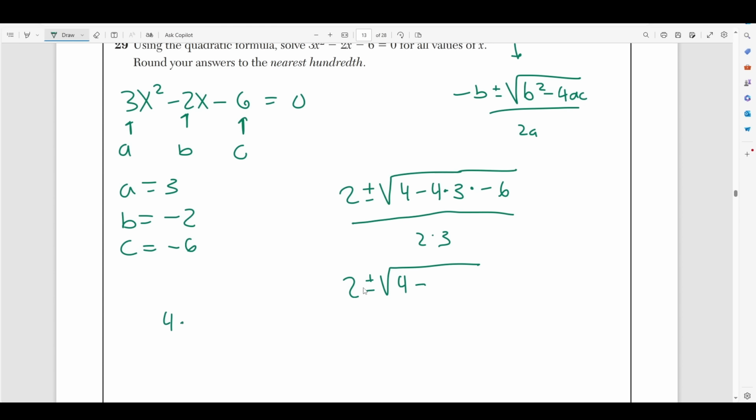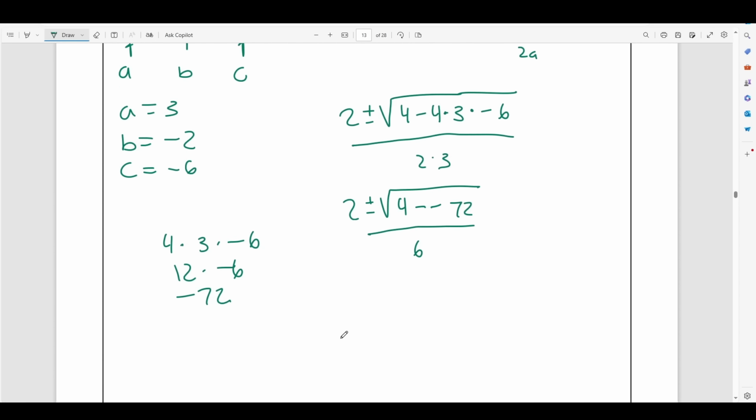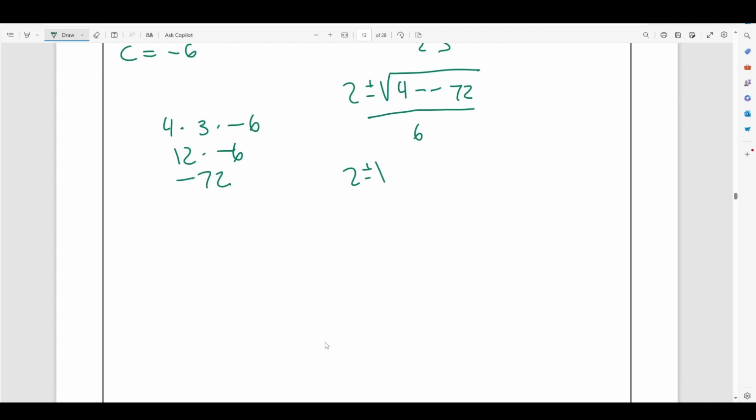So what is 4 times 3 times negative 6? 4 times 3 is 12, and 12 times negative 6 is negative 72. So you have 4 minus negative 72 divided by 2 times 3, which is 6. And we can continue working this down. That's 2 plus minus radical 76 divided by 6. And this is going to give you 2 answers because of this plus minus.